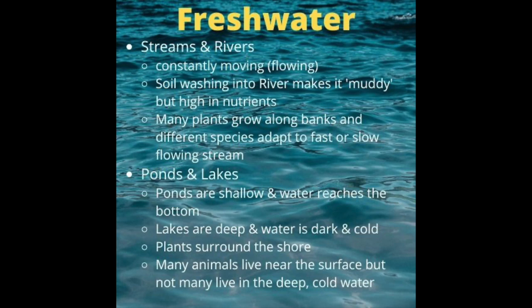Lakes are going to be deep, and water is going to be really dark and cold. But both ponds and lakes have plants that surround the shore. There's going to be a lot of animals that live near the surface, but not very many are going to live in the deep, colder parts of the water that don't receive the sunlight.